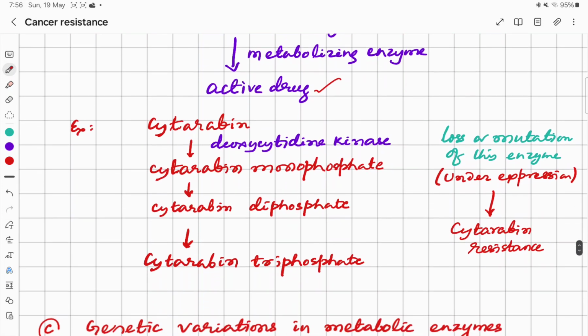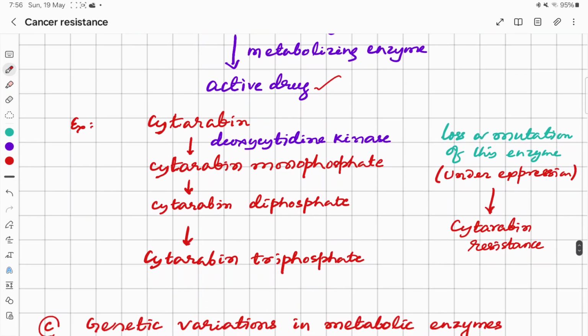For example, cytarabine is a prodrug which is converted to cytarabine triphosphate by deoxycytidine kinase. Initially it is converted to monophosphate, then diphosphate, then triphosphate. So if there is underexpression of this enzyme, cytarabine cannot be activated to cytarabine triphosphate, so that leads to cytarabine resistance.